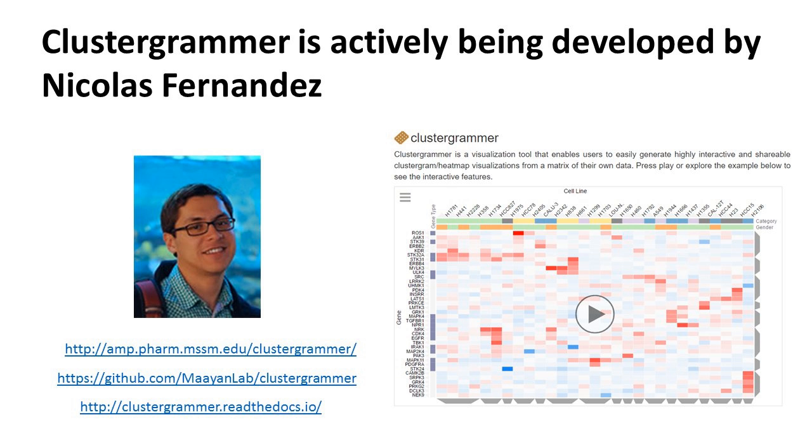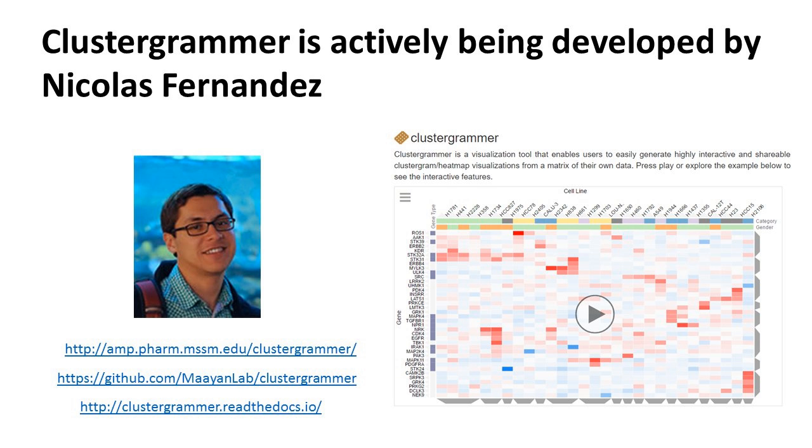So in Geneva, when we looked at the report, we saw those heat maps. Those are interactive clustering heat maps. And this is a tool that we also developed, and this tool was developed by Nicolas Fernandez, who is a postdoc in the lab.